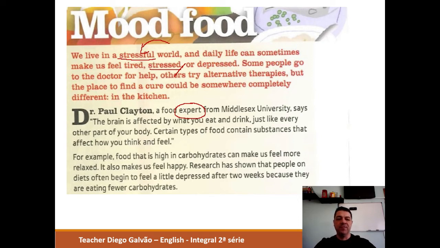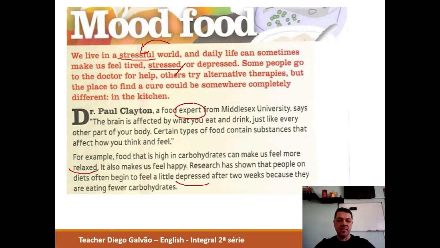For example, food that's high in carbohydrates can make us feel more relaxed. It also makes us feel happy. Research has shown that people on diets often begin to feel a little depressed after 2 weeks because they are eating fewer carbohydrates. Some observations here. Still talking about the -ed, the person's feeling, we have the adjectives relaxed and depressed.